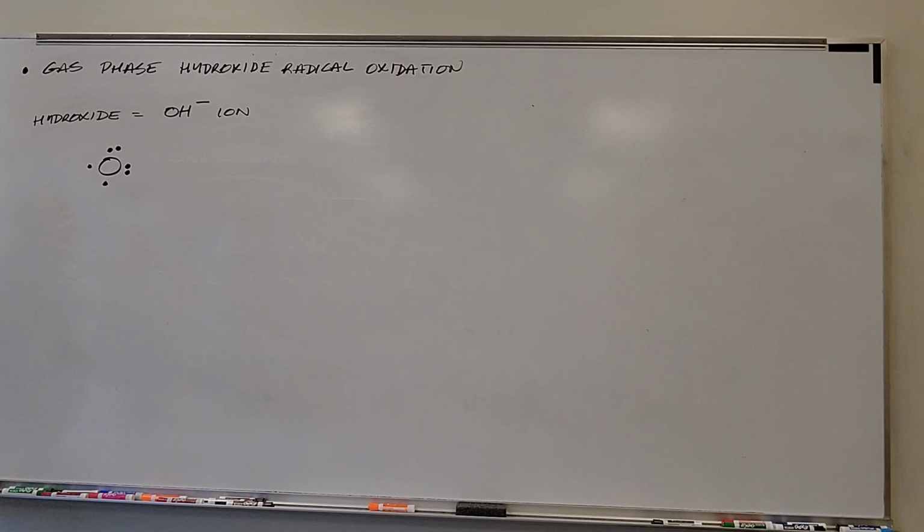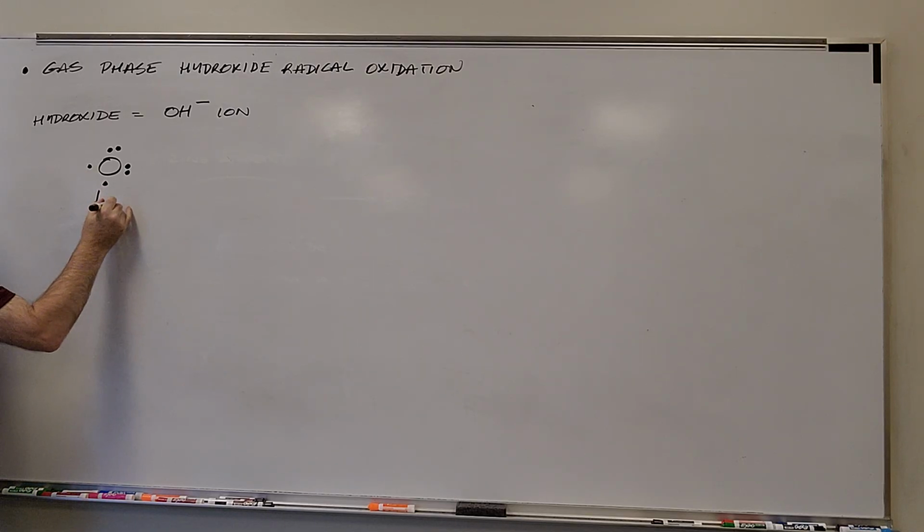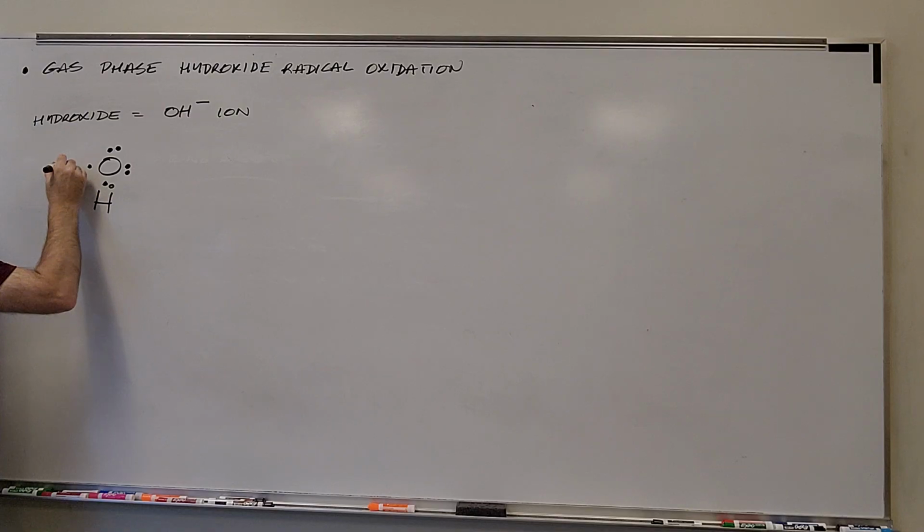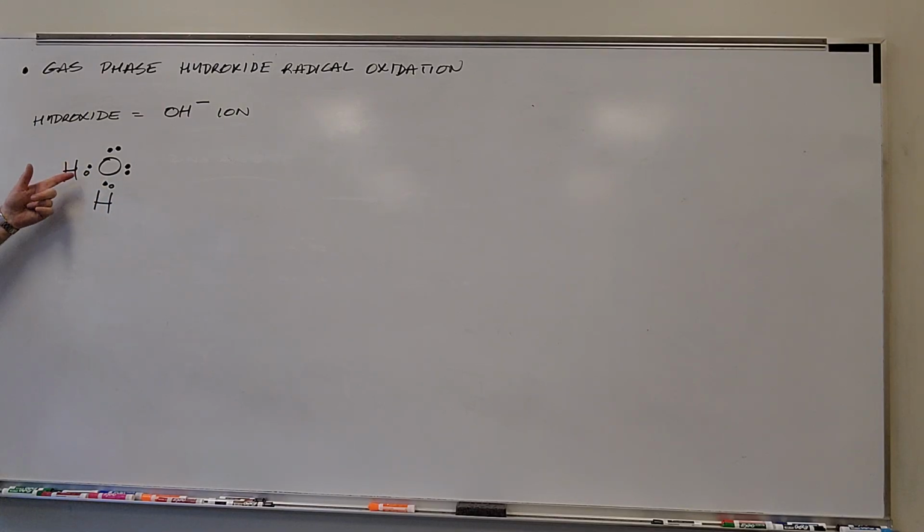One is called 2s, one is called 2px, one is called 2py, one is called 2pz. There are 3 p orbitals and 1 s orbital. That leaves me 2 unpaired electrons. Unpaired electrons can meet other unpaired electrons and make covalent bonds: 2 electrons shared between 2 atoms.